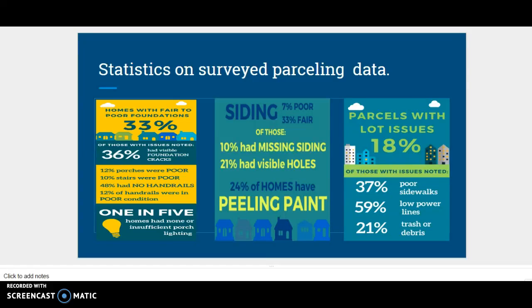Some things that you can pick out here from these surveys are the foundation of the home. Do they have issues? Do they have cracks? We looked at every porch, stairs, handrails. 48% do not have handrails. 1 in 5 homes do not have sufficient porch lighting, and some may ask, why does that matter?